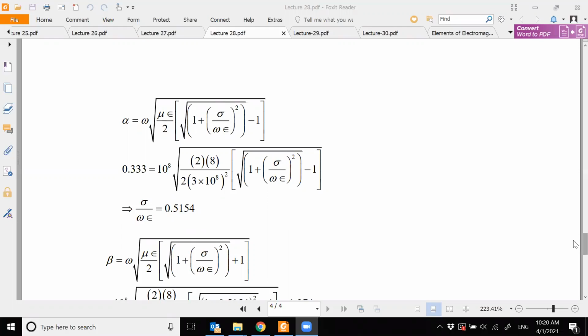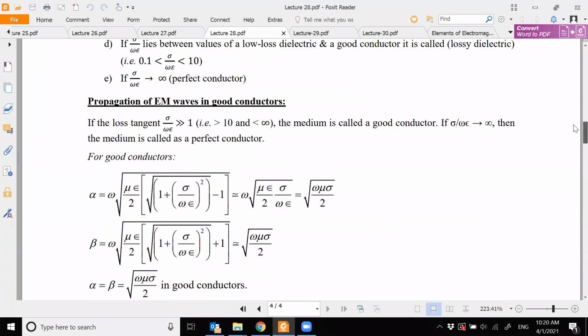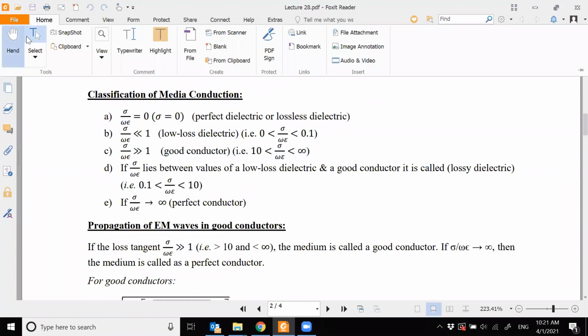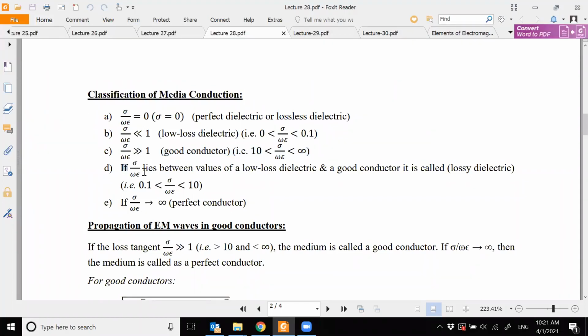So if it is 0.5154, where is it in this region? See, it is in this region. That means it lies between the low loss dielectric and good conductor. That means it's a lossy dielectric.